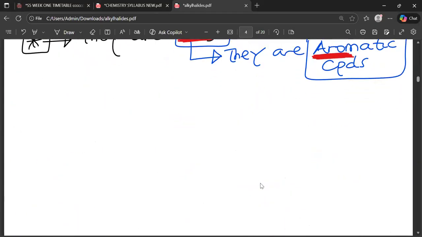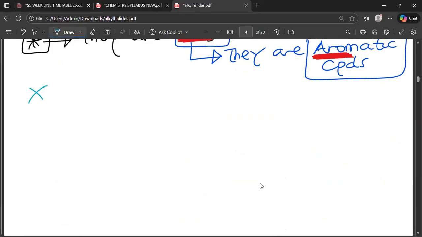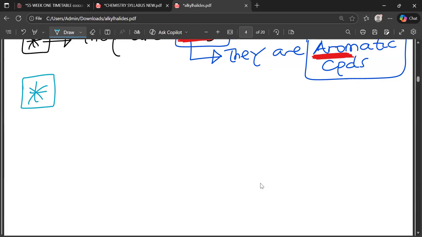What I'm putting here next is very paramount, especially if you want to join engineering school, medical school, or the School of Food Science and Technology. Just listen to this carefully. So that is about R being a benzene ring, which is the same as a phenyl group.